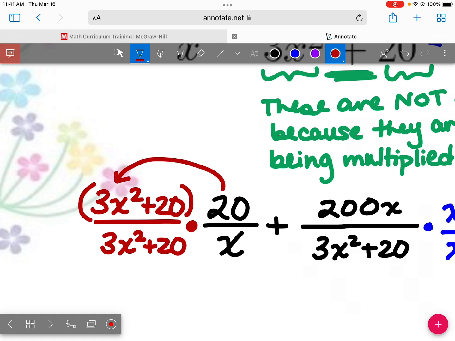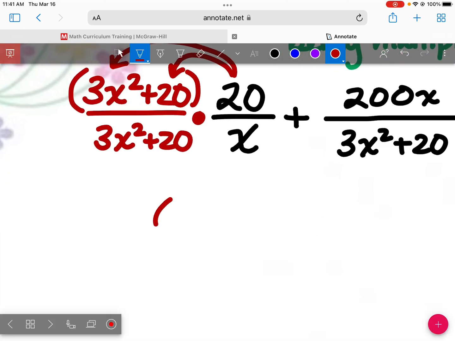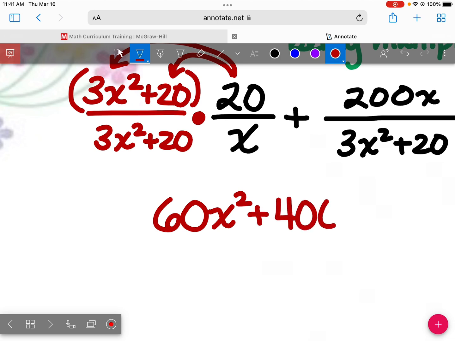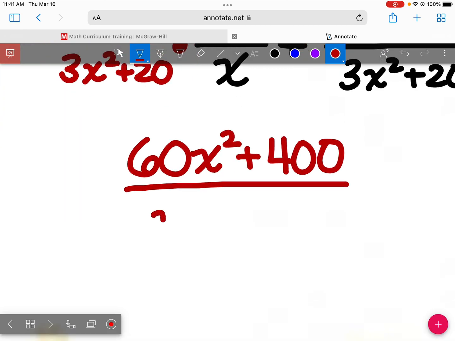I'm multiplying it, and I have to use the distributive property. It goes to both pieces. 60x squared plus 400 all over x times 3x squared plus 20.